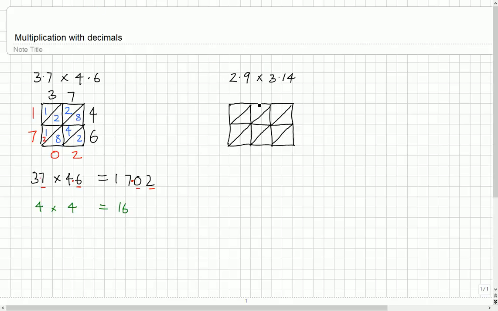So we want 3, 1, 4, and 2, 9. 4 2s are 8. 1 2 is 2. 3 2s are 6. 4 9s are 36. 1 9 is 9. 3 9s are 27. Okay, check those multiplications carefully.